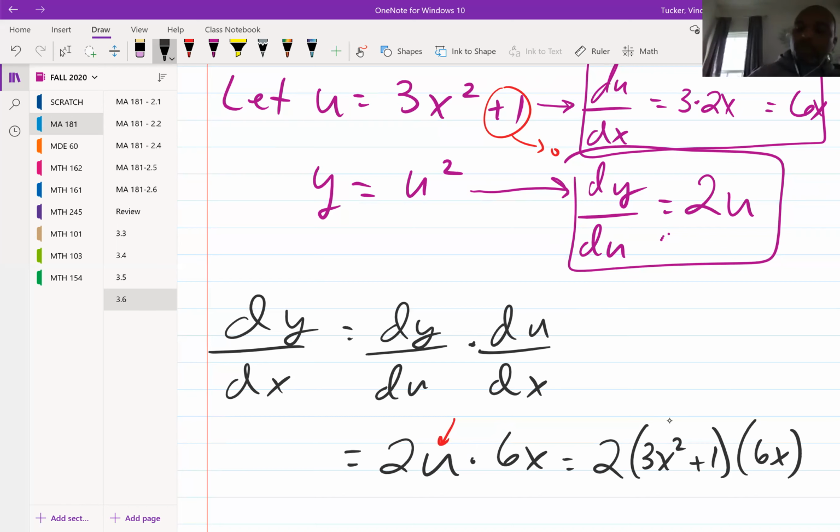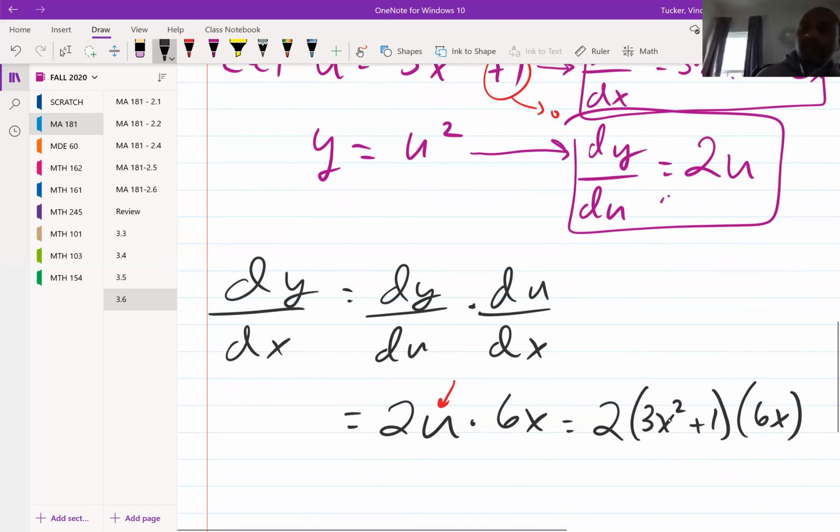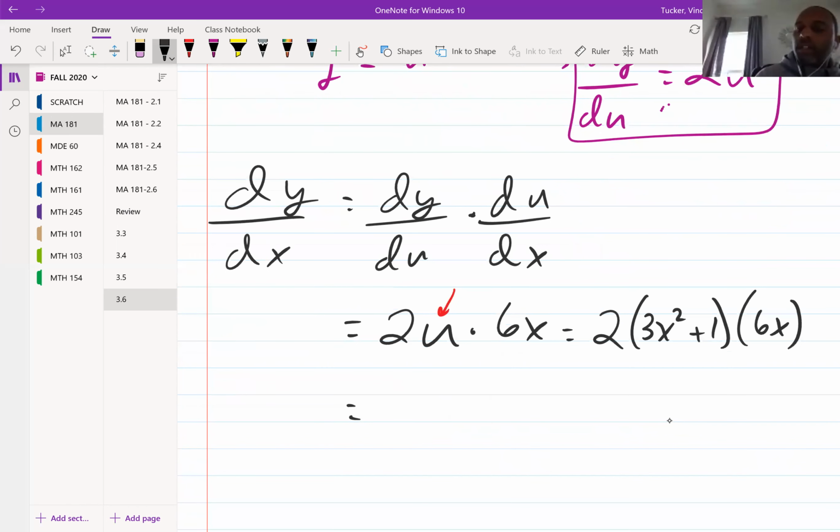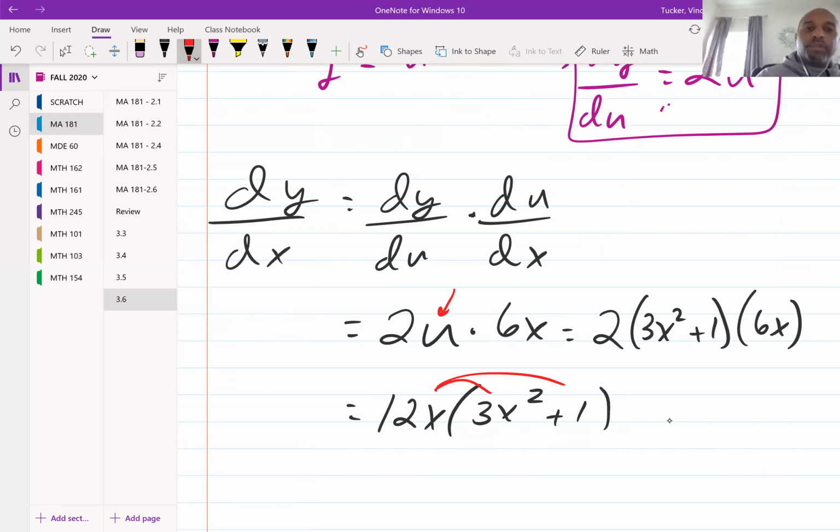All right, so we can simplify this. 6x times 2 is just 12x sitting on the outside. And then we can go ahead and distribute into the parentheses: 36x cubed plus 12x.